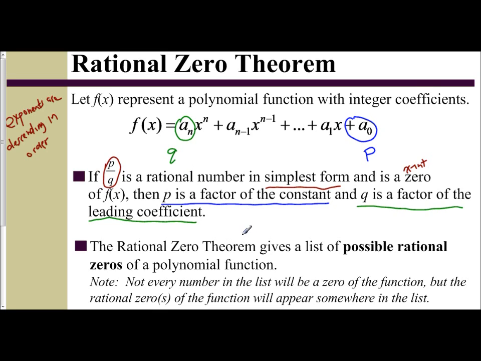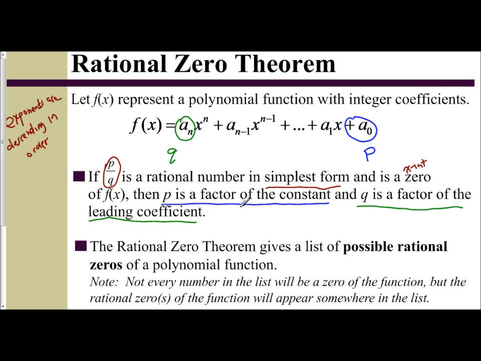Now, the rational zero theorem gives you a list of possible rational zeros. It doesn't tell you every single one of those is a zero. It tells you, somewhere in this list will be a zero of the function. So we're trying to figure out what the possible ones are, and then we're going to go from there as we dive further into this lesson to see which ones actually are.